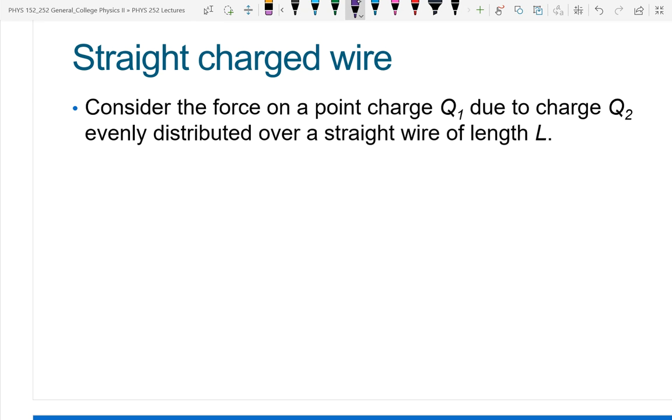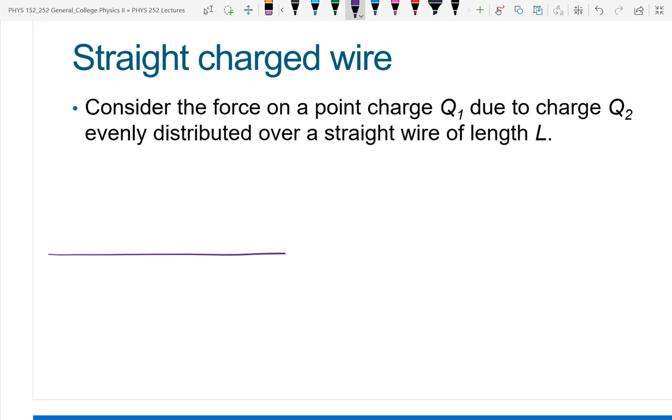And so consider the force on a point of charge Q1 due to charge Q2 evenly distributed over a straight wire of length L. Doesn't give you much geometry there. Let's start with the easy geometry, and then we'll go to the harder geometry. So what's the easy geometry?